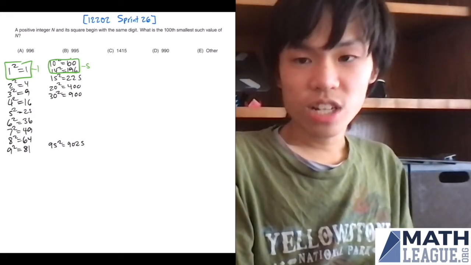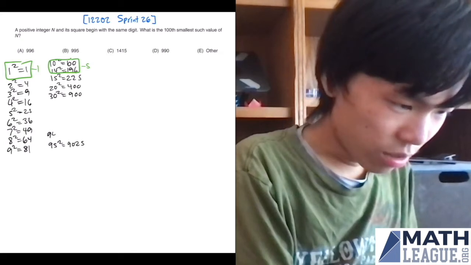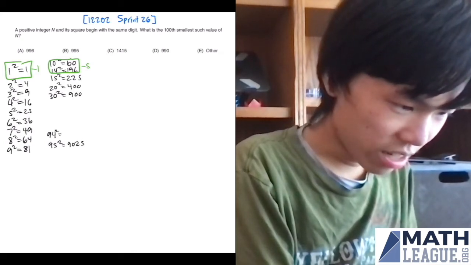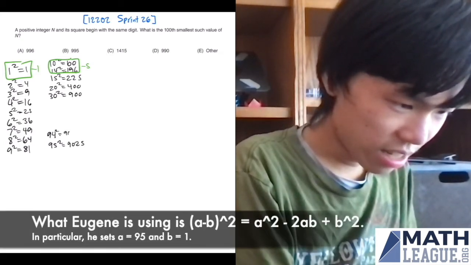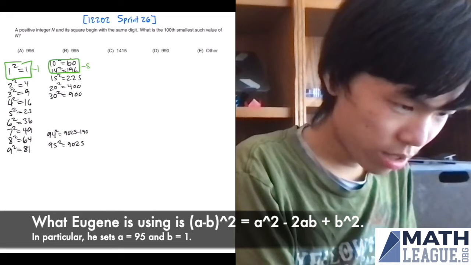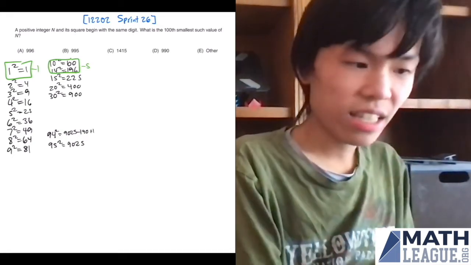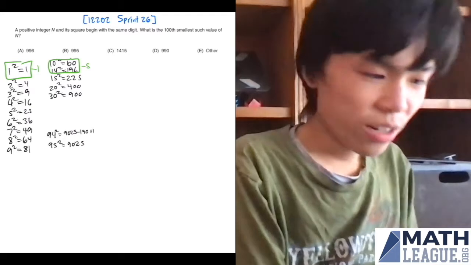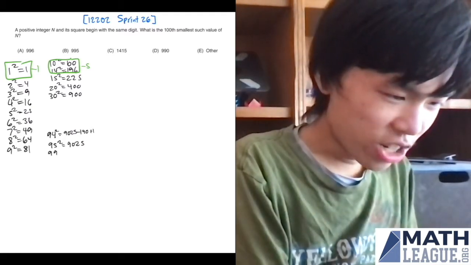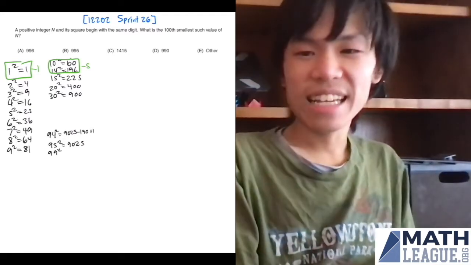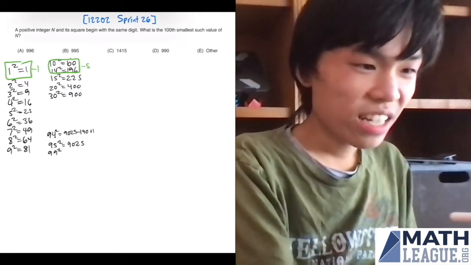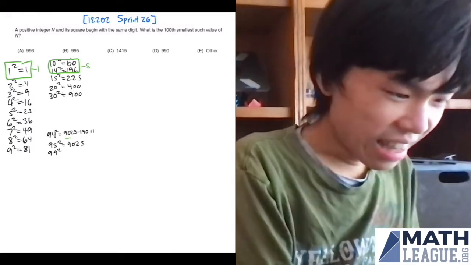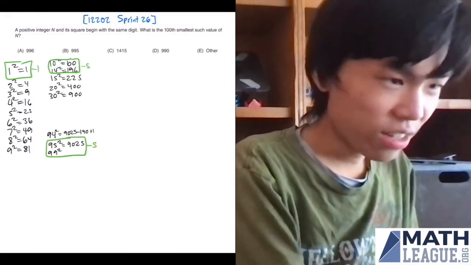So I'm going to need to check one below. I can think clever and use some square tricks to see that this is 9,025 minus 190 plus 1. That's going to be less than 9,000. So 94 does not work. But with the ranges strategy, I can see that 99 does work. So that means an additional 5 values.